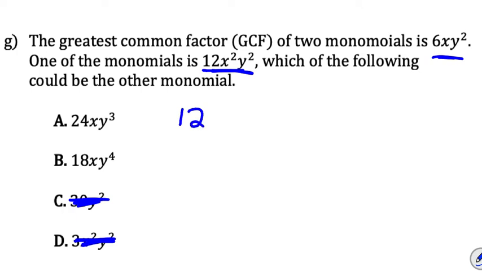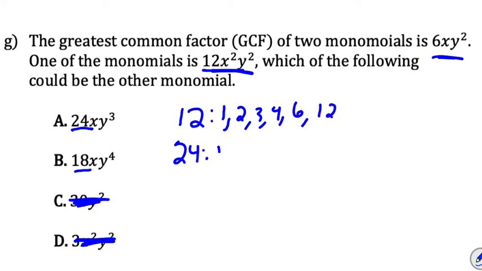If I have 12, which of these two numbers will give me a GCF of 6? The list for 12 would be 1, 2, 3, 4, 6, and 12.